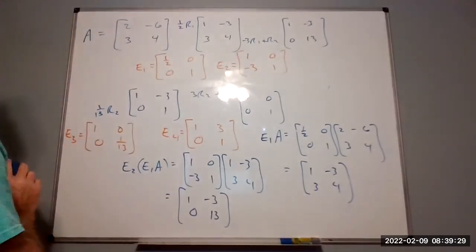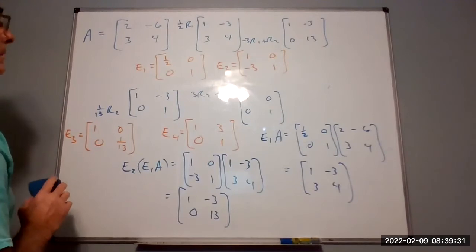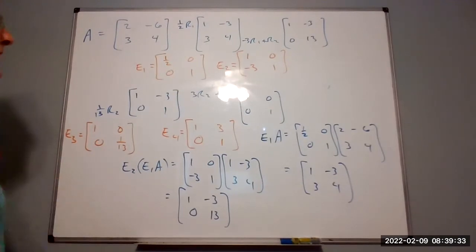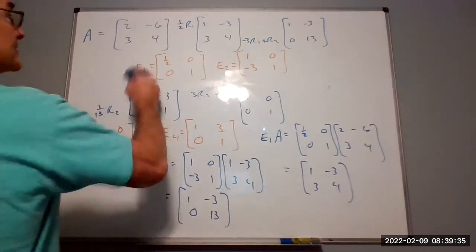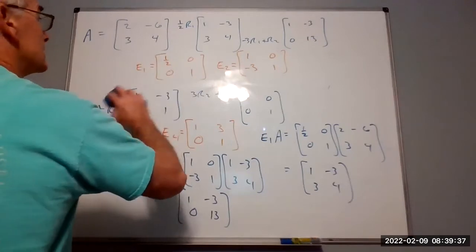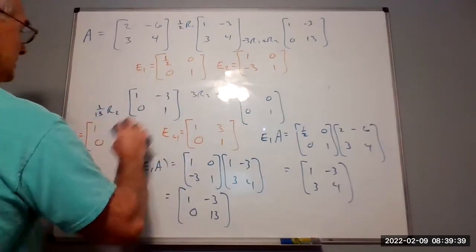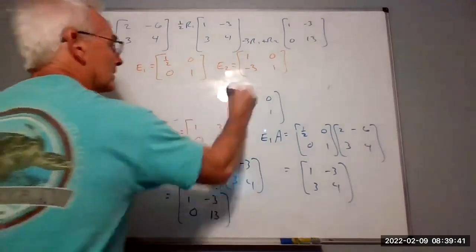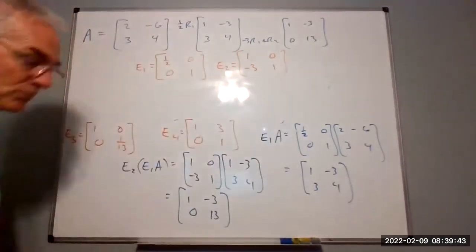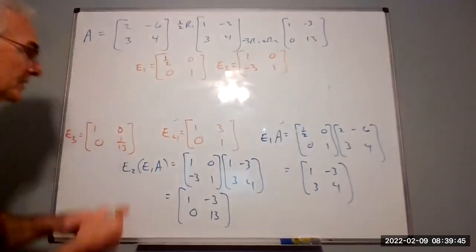So let's see. I'm going to run out of room. You know what I'm going to do? I'm going to rewrite my elementary matrices so I can see them up higher.